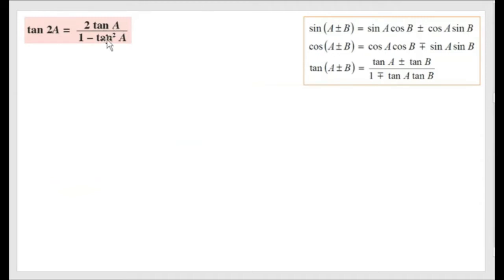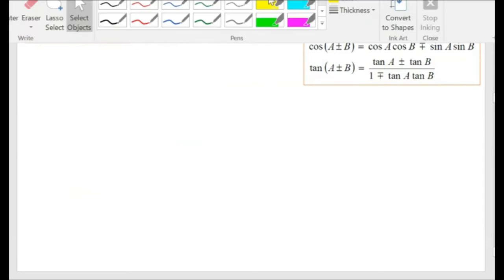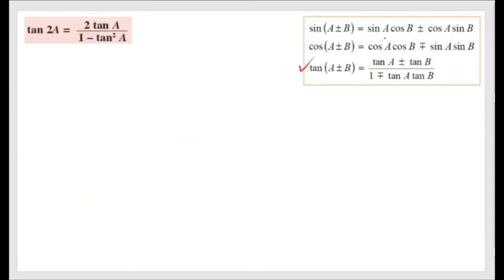How are we going to prove that, so that it will become this one? We use the addition angle for tangent.